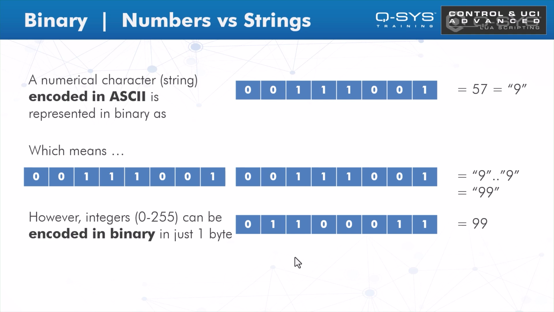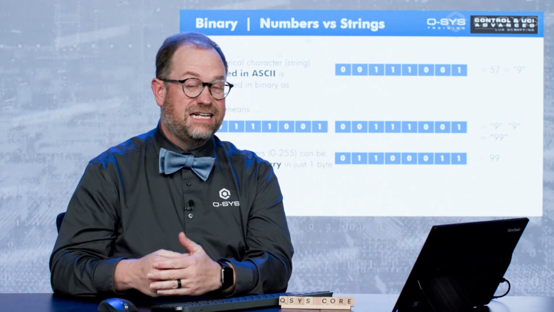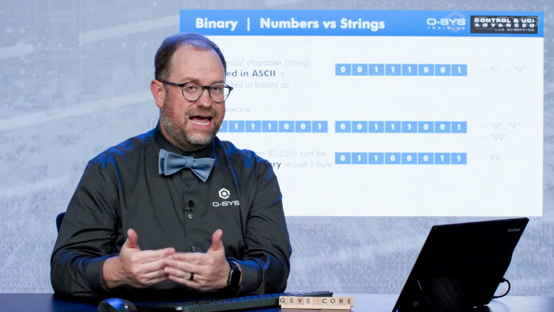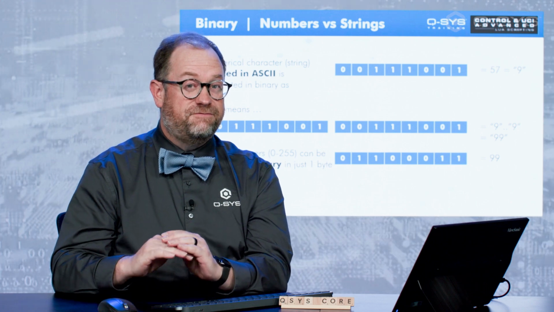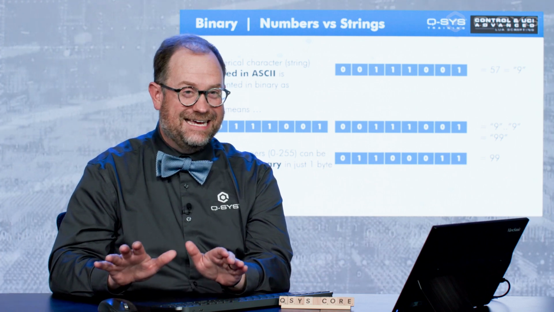Now here's the thing that makes the fact that Lua coerces the number 99 into being a string 99 when you just concatenate numbers feel like a naughty thing: here you can demonstrably see that the string 99 is fundamentally different than the number 99. In fact, it takes twice the data.